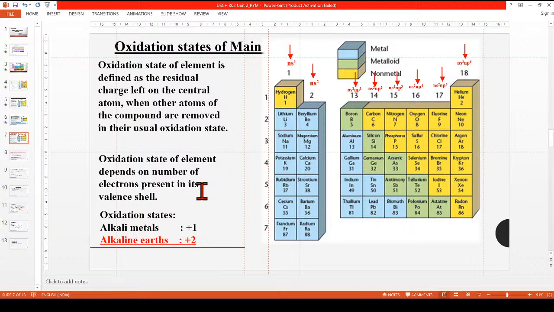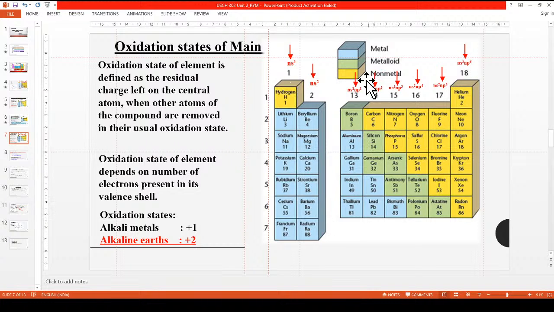Here in the case of first group A elements, since the electronic configuration is ns1, by losing one electron they become stable. In the case of alkaline earths, the electronic configuration is ns2, and just by losing 2 electrons they get a stable state. So these elements lose electrons, or their electrons are free to move. If you want to go you can go, if you want to stay you can stay, that is how metals are, alkali and alkaline earths. So therefore they are metals.